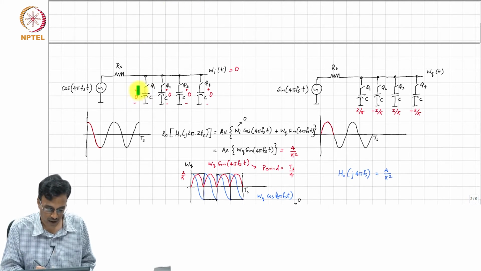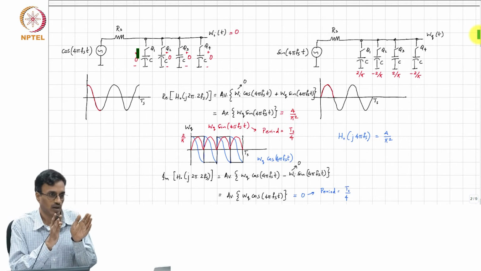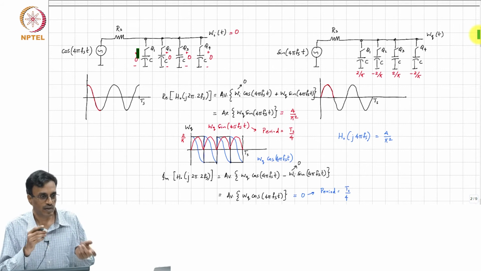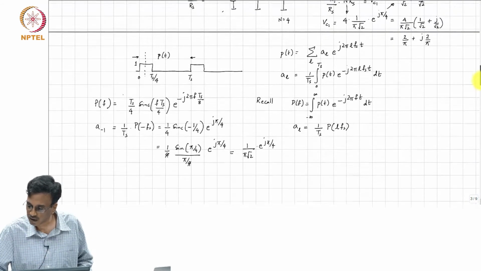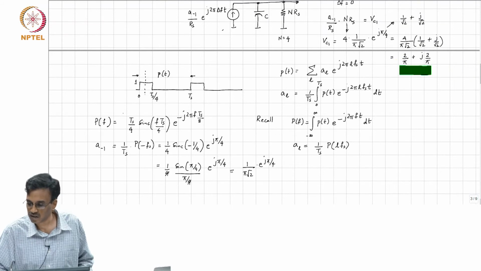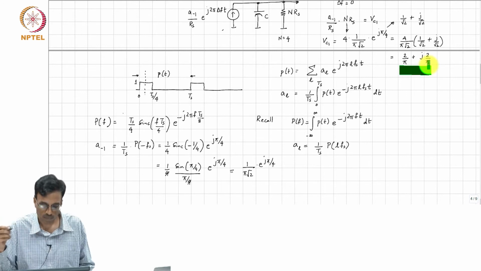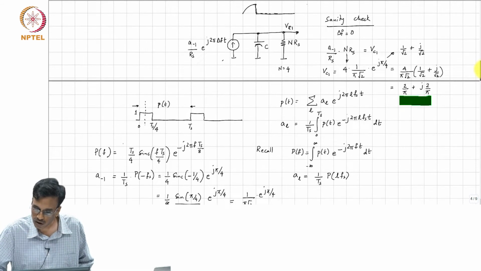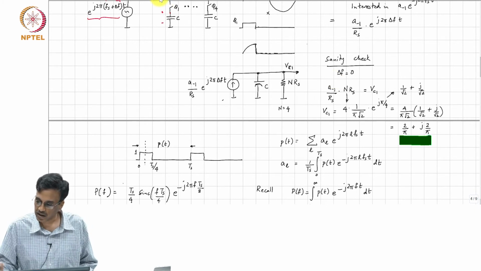It would average the first quarter of the clock period of the input period, that would be 2 by pi. Similarly, when you put sine also, you would average this thing, and that's indeed consistent with what we derived earlier.